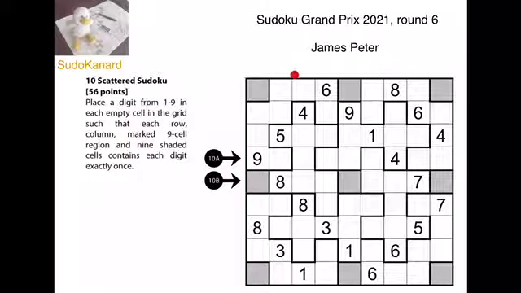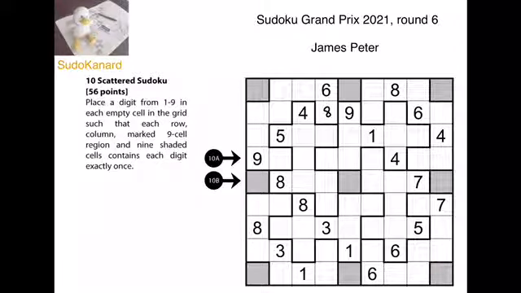And you see that those 8s put an 8 here in this region. So we have 5 8s. In this region, 3 positions. That's still a lot. Let's think about the scattered region. 8 is not here, not here, not here.